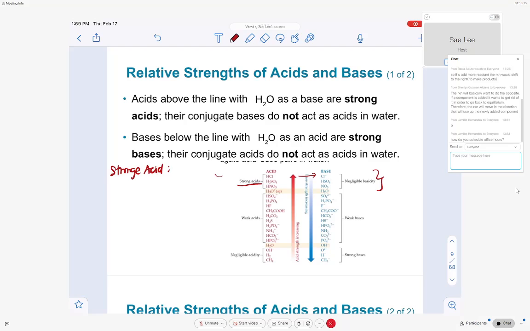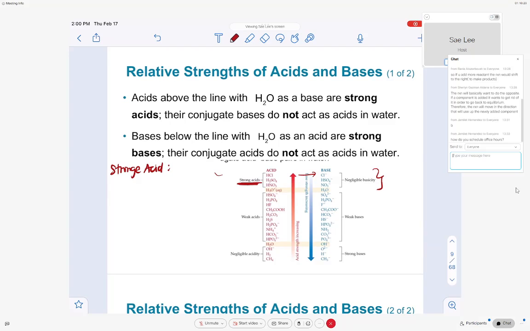The conjugate base of these strong acids is a weaker base, which means they less readily accept the proton. So strong acids will have their conjugate base as a weak base. Here it says acid above the line with water as a base.